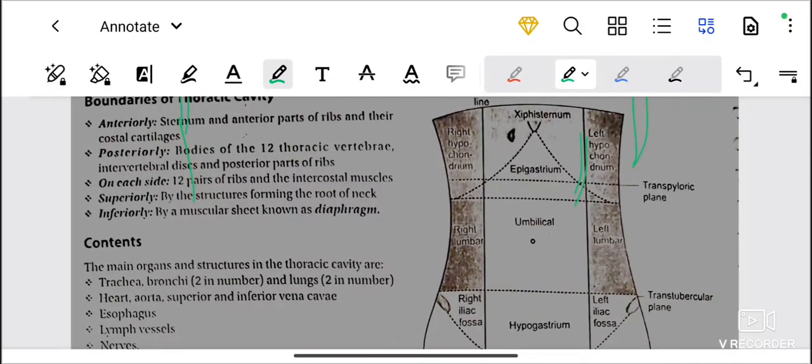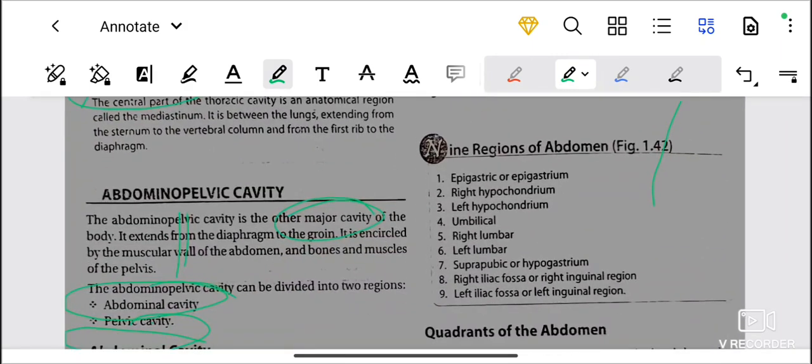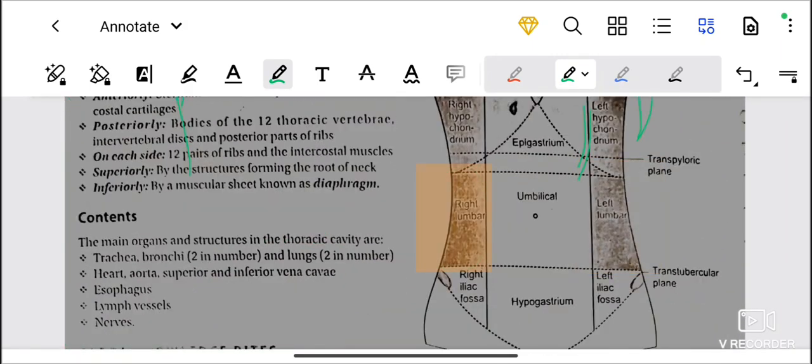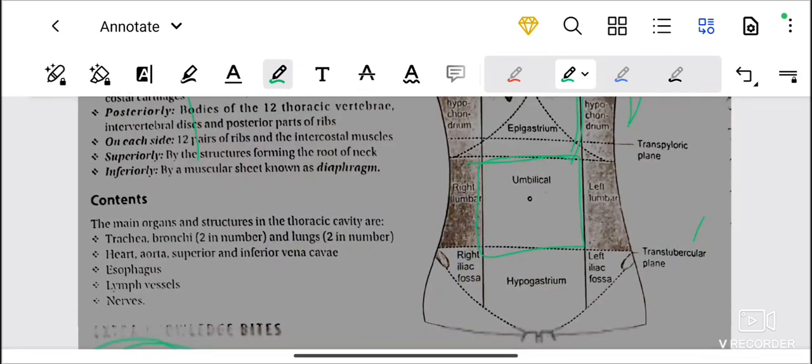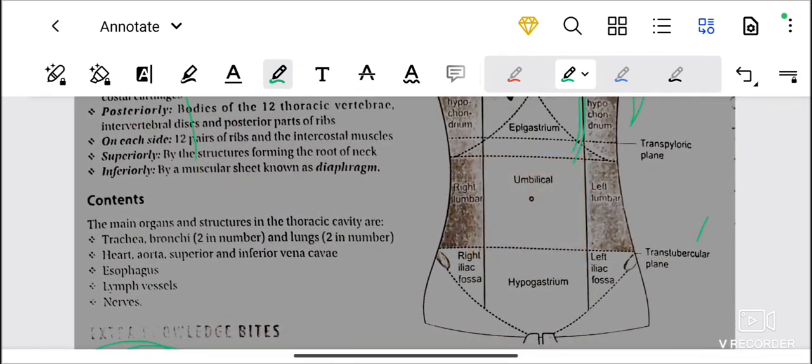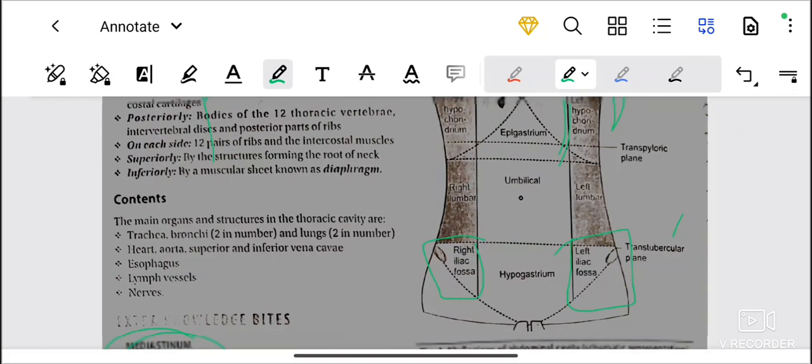Below the right and left hypochondrium, you can see the right lumbar and left lumbar regions. And the next is the umbilical region, where the umbilicus is present. Below the right and left lumbar, we can see the right iliac fossa and left iliac fossa.